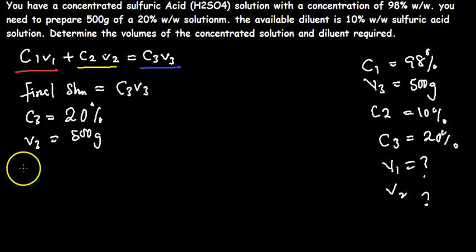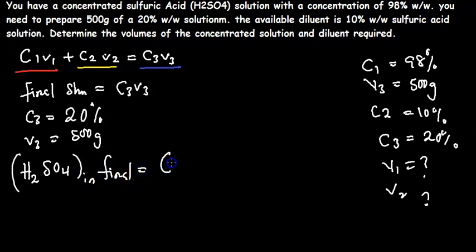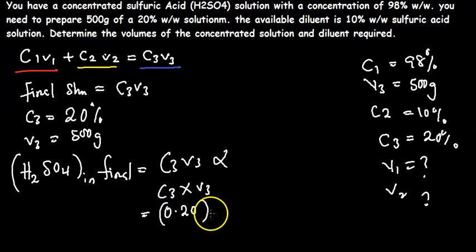So, we can set the amount of H2SO4 in the final solution, which is simply going to be C3 V3, which is the same thing as saying C3 multiplied by V3. In this case, our C3, which is 20% divided by 100, is simply going to be 0.20. Multiplied by V3, which is the volume, which is 500 grams. This is going to remain as 500.